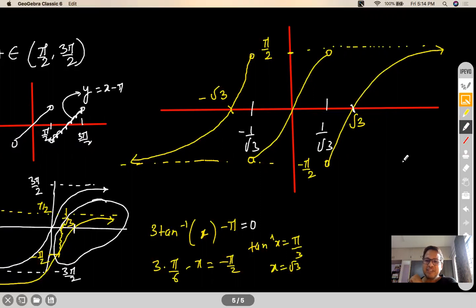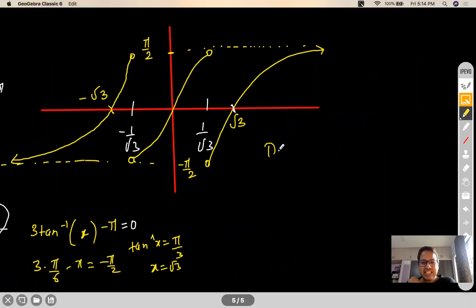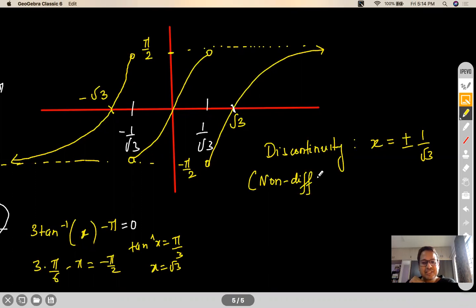Now you can see the function is having discontinuity at x equal to plus minus 1 by root 3. So the function is having discontinuity there, and hence it is non-differentiable also at those points.